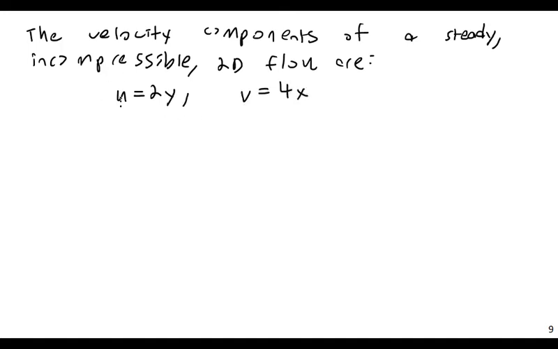So again, back to basics. If y equals 2, then we'll have an x velocity of 4. If x equals 5, then we will have a v velocity of 20, etc. We can also see that the x velocity does not change as we move along the x-coordinate, and the y velocity does not change as we move along the y-coordinate. They're constant in their own axes. So this is given.